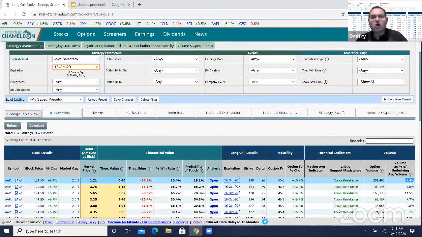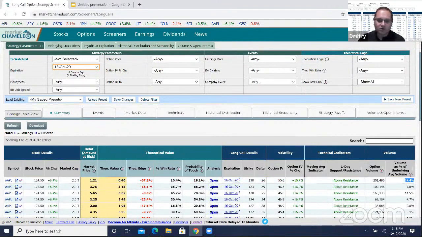So if we added up all the options, all the calls, all the puts, every strike, every expiration, daily average, just this volume alone in this contract was 14.4% of the average daily option volume in aggregate. We're going to use that later, but I wanted to show you really quickly what all this means.